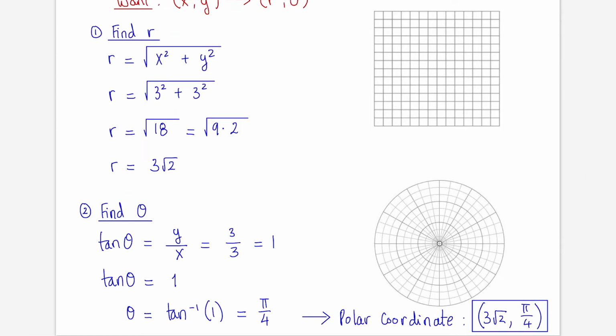The question only asked me to convert from xy to r theta. They didn't ask me to plot the points. However, I'm including the grid here so that you can plot the points and you can compare them. So for the first one with the rectangular coordinates, I will have my x and y axis on first.